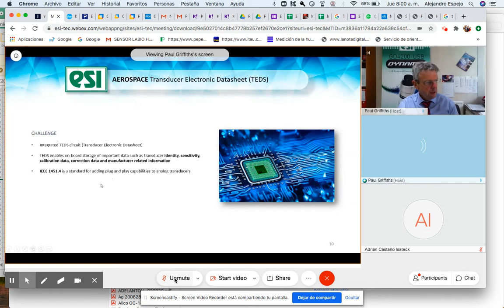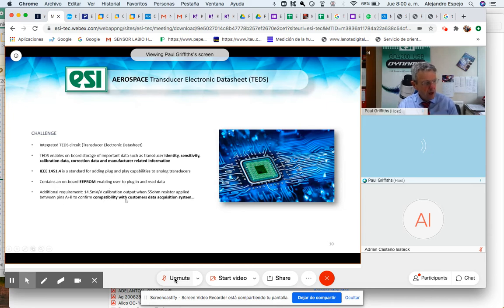And it's all done to an international standard, 1451.4. It was a little bit of a challenge, but ultimately not too difficult, because we just needed to locate an EEPROM that conformed to this standard.